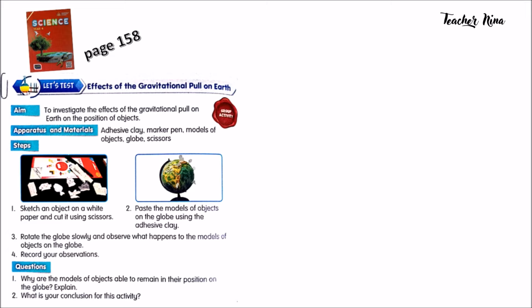For example, you can draw cars on paper. Just draw and cut it out. You can draw a car, a plane, maybe a human being, maybe a gorilla, or maybe a fan, whatever that you like.